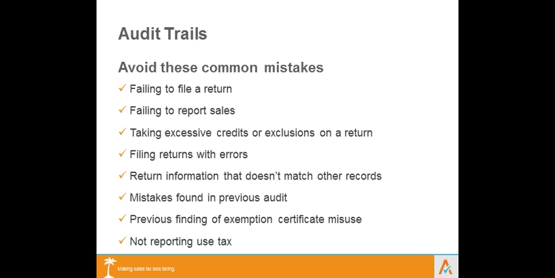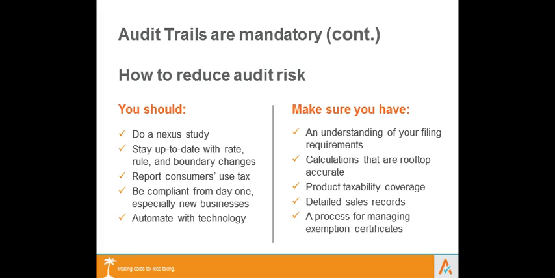So just the fact that you've had a poor audit in the past means you may be more likely to get audited in the future. Certainly, if your business is inappropriately using certificates to buy goods, or misusing the goods that you reported on a certificate, that can be dangerous. And then, of course, this one gets an asterisk next to it: not reporting use tax is certainly low-hanging fruit for auditors. It's an area that they really focus in on.